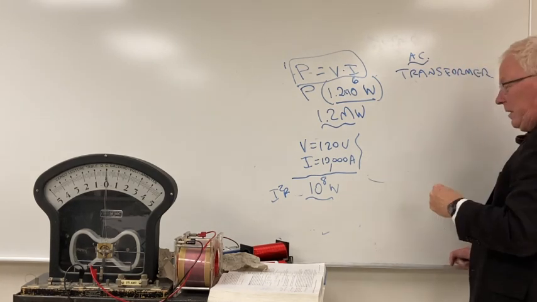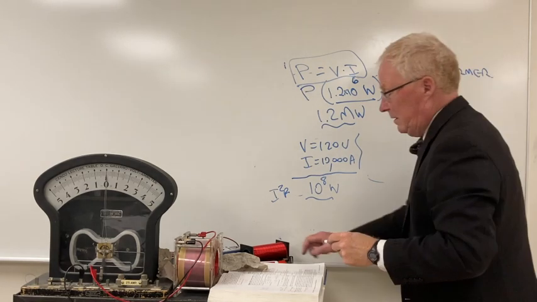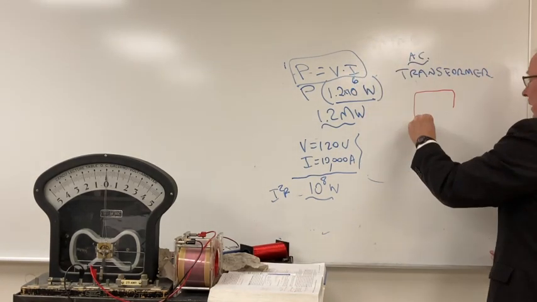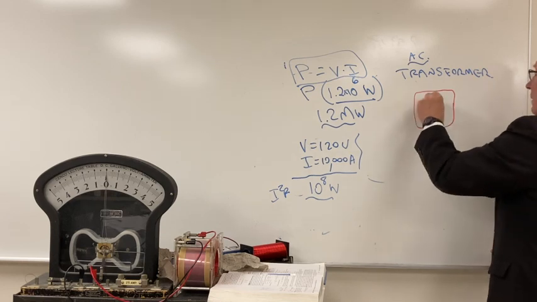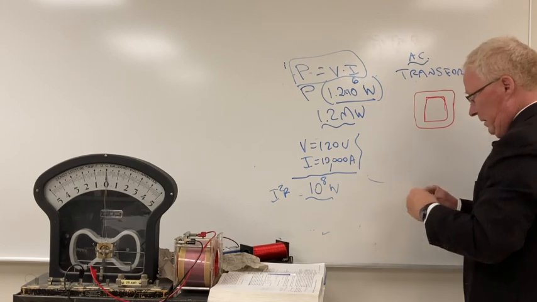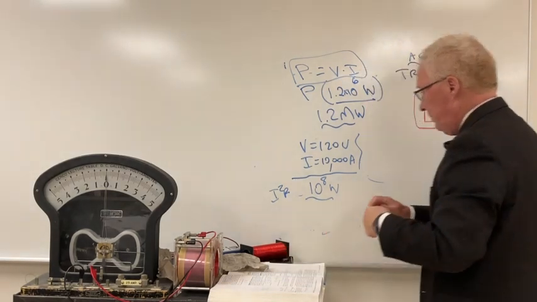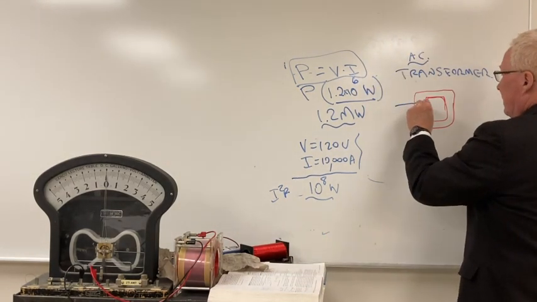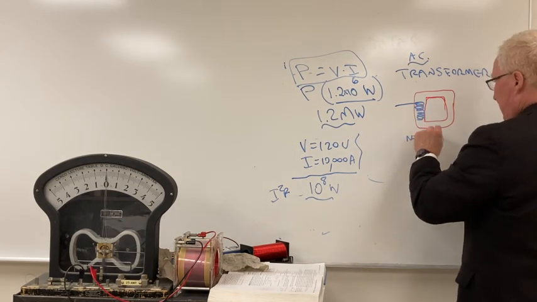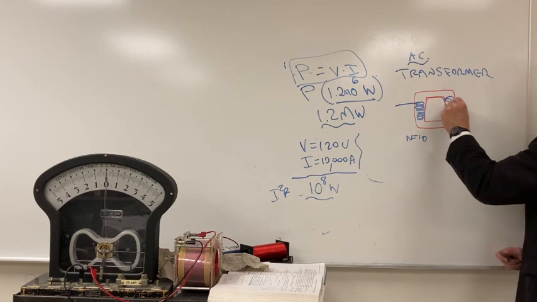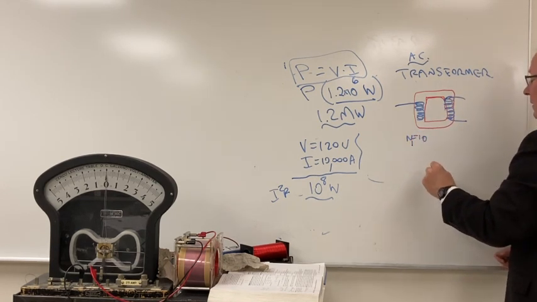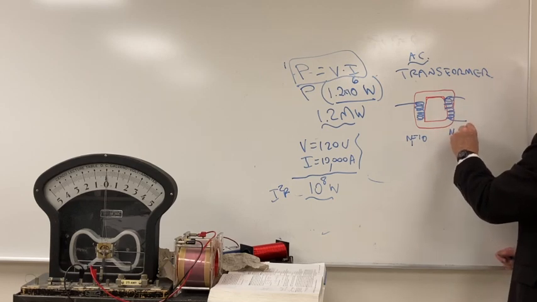And the way to do that is to have, say, an iron core in a loop, right? And you have a certain number of turns coming in. Say N1 is 10. And then coming out, say N2 is 100.